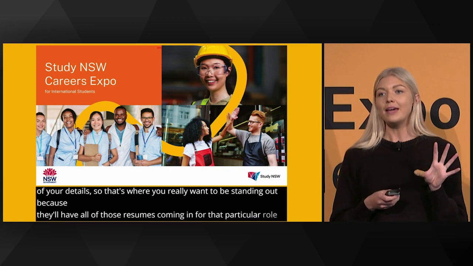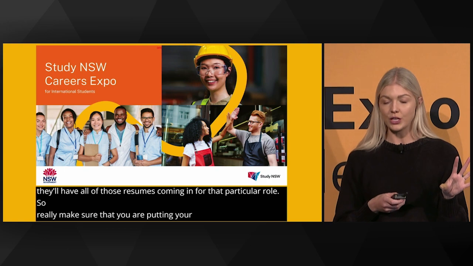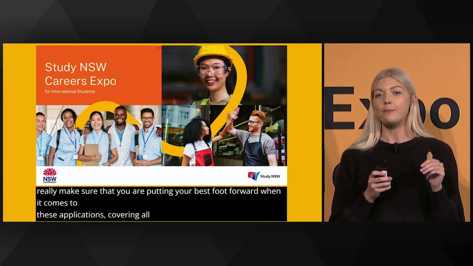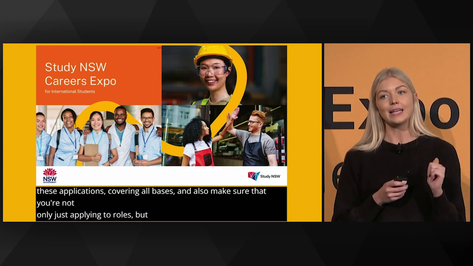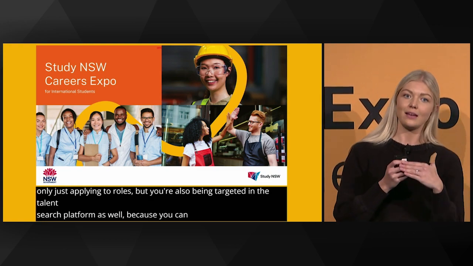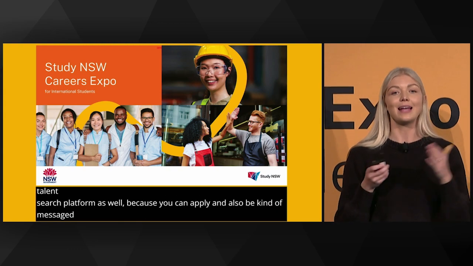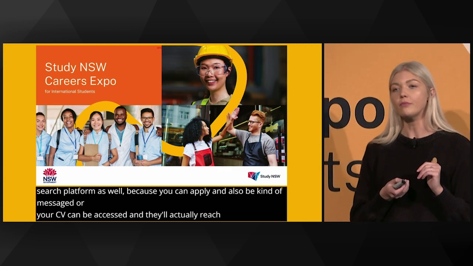So really make sure that you are putting your best foot forward with those applications, covering all bases. Also make sure that you're not only applying to roles, but you're also being targeted in the talent search platform, because your CV can be accessed and they'll actually reach out to you. So you want to be covering both.